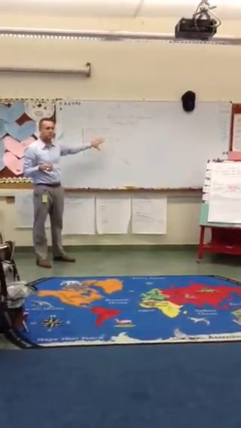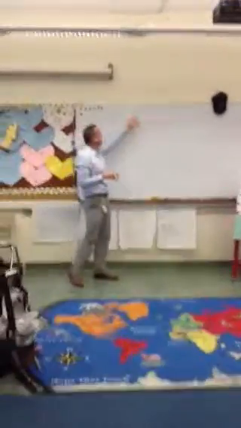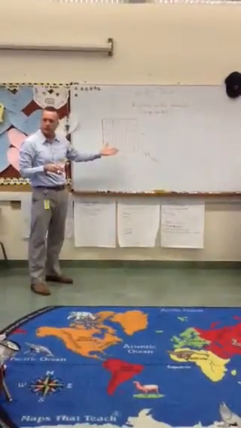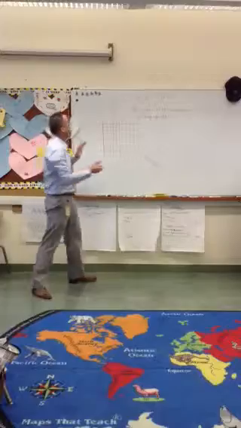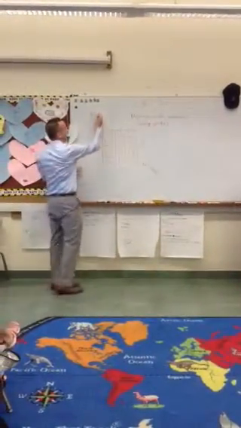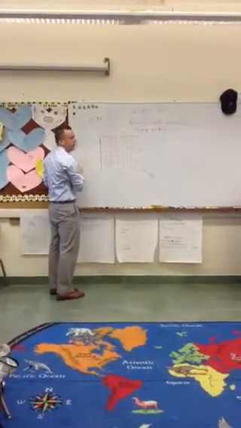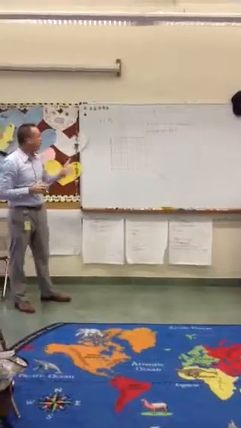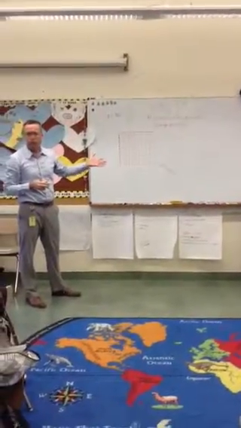You might be thinking 8/10. Well, how can I draw tenths if this is broken into hundredths? But I want you to also remember that 8/10 is not only 8/10, but it's also equivalent to 80 hundredths. So could you draw 80 hundredths there? Yes. Could you draw 8/10? Yes.